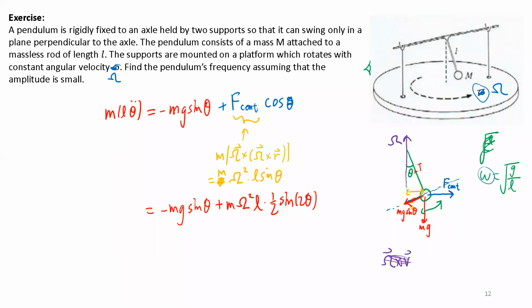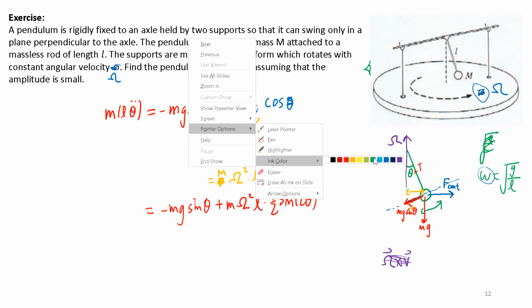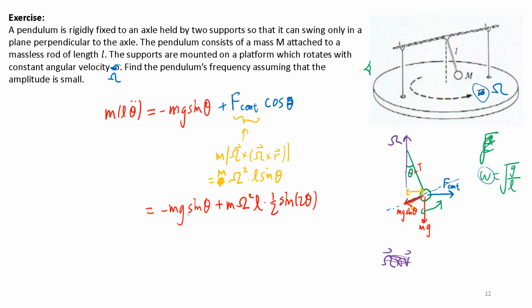Now again the same old trick: we know that theta is very small, so sine theta is approximately equal to theta, and sine 2 theta is approximately equal to 2 theta.